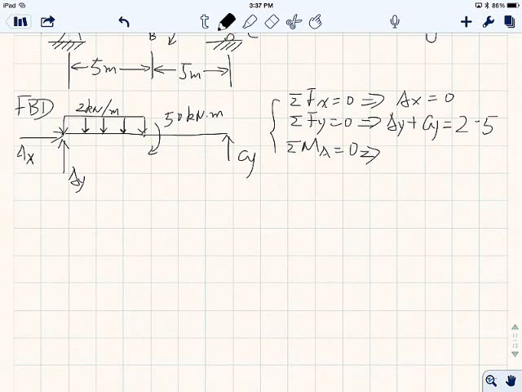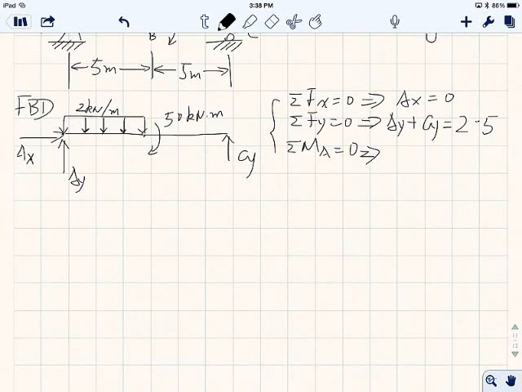So it looks like the distributed force is going to cause a negative bending moment because it's rotating clockwise. So negative. All right, so here you also have 50 kilonewton times meter applied at the point B. So it's also negative, right? The only positive bending moment is caused by C, which goes up.